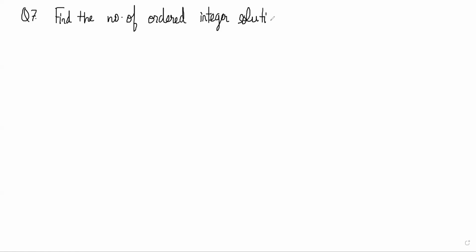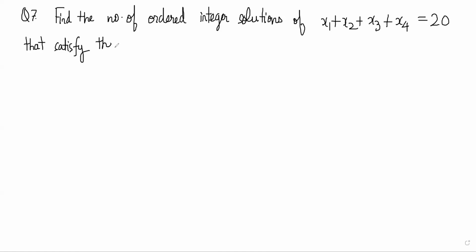And this is the question: find the number of ordered integer solutions of x1 plus x2 plus x3 plus x4 equal to 20 that satisfy the conditions.